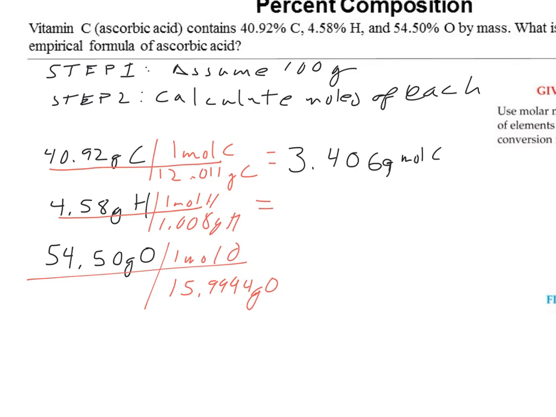There we go. 4.5436 moles of hydrogen in our 100 grams of sample. Then 54.5 divided by 15.9994 is 3.4064 moles of oxygen.